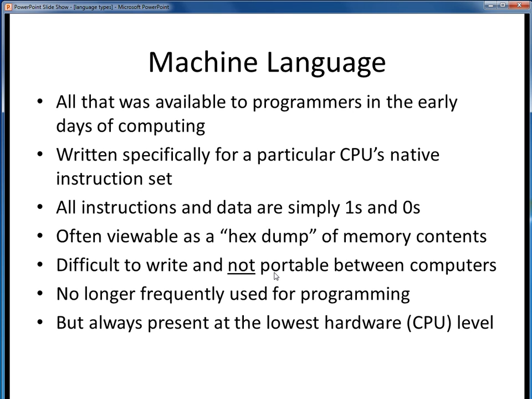It's no longer frequently used directly for programming, but it's important to recognize that it is still always present at the lowest hardware or CPU level. So even though we don't directly program in machine language much anymore, recognize that it is still there way at the bottom-most hardware level, and it is still the only language that CPUs can directly consume.